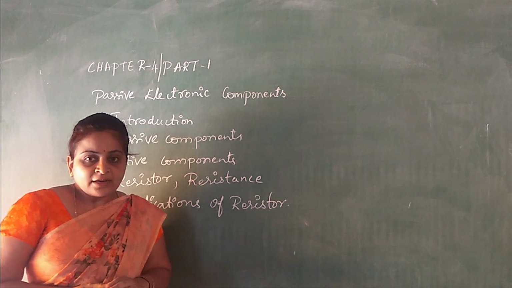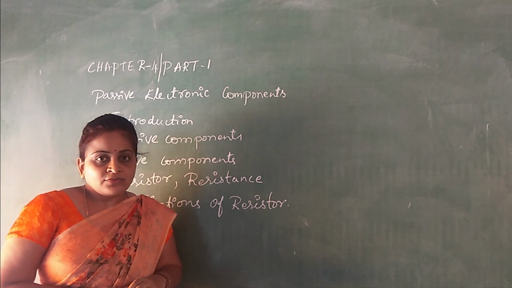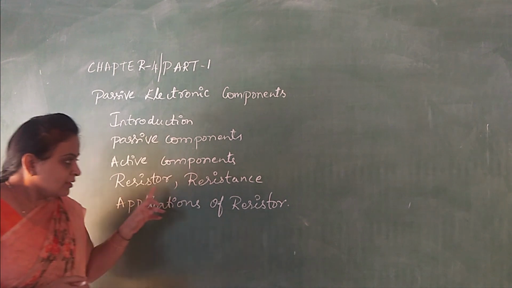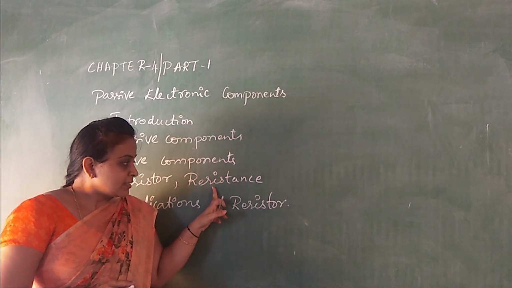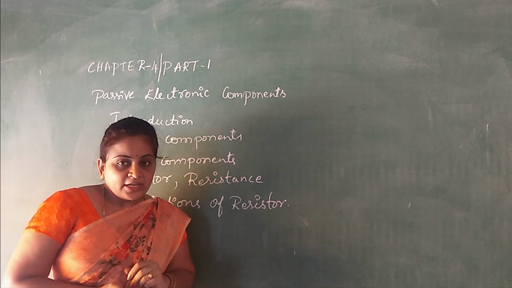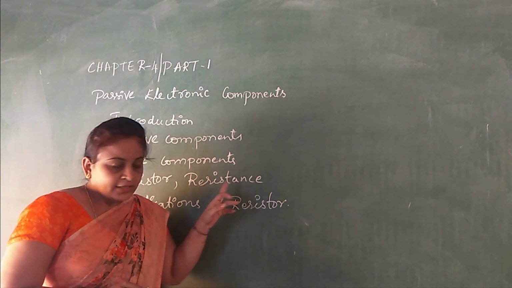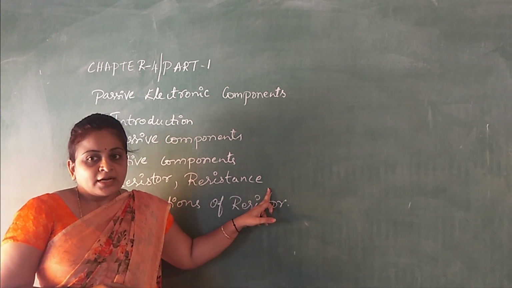A resistor is something which limits the flow of current. Next we have resistance. Resistance is the property of the material, that means conductor, which opposes the flow of current.